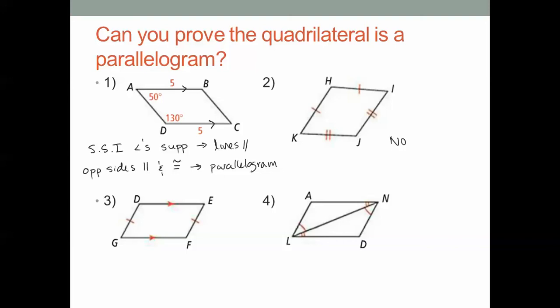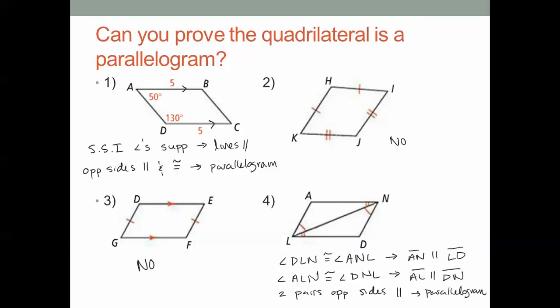Number two is no. There's not enough information here. Number three is also no. Not enough information. Number four, we're going to prove that both pairs of opposite sides are parallel. AN is parallel to LD because angle DLN is congruent to angle ANL.